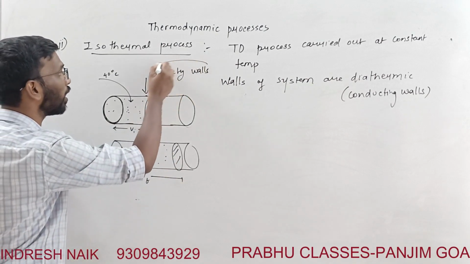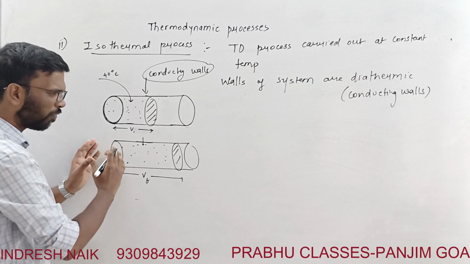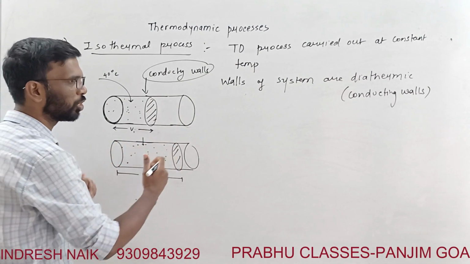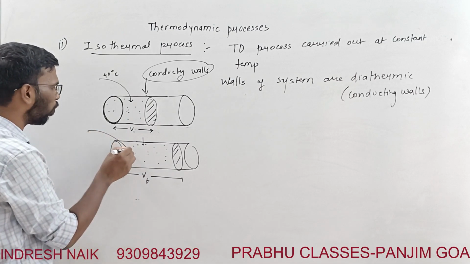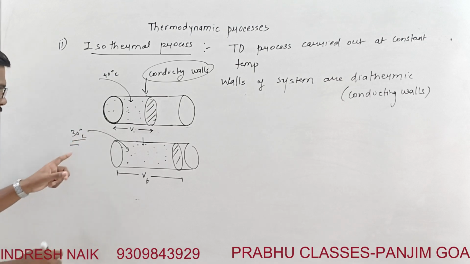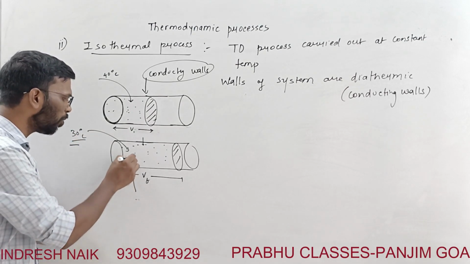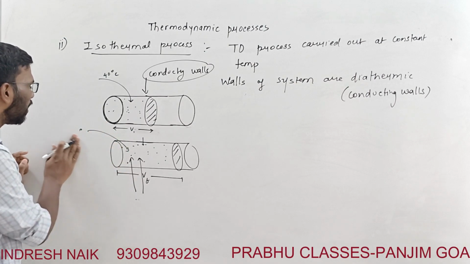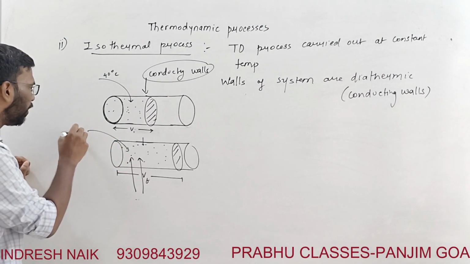But here walls are conducting, so even if only expansion is taking place, and the temperature falls from 40 to 30 degrees Celsius, some heat will get transferred and increase the temperature again, and it will become 40 degrees Celsius.